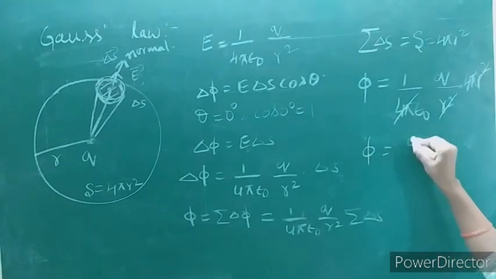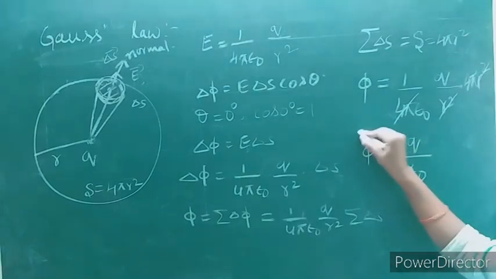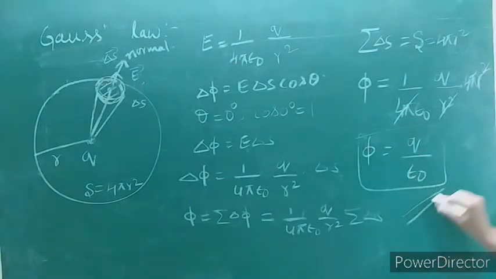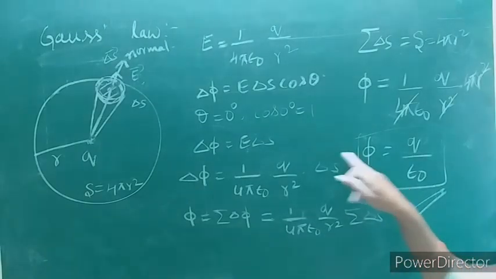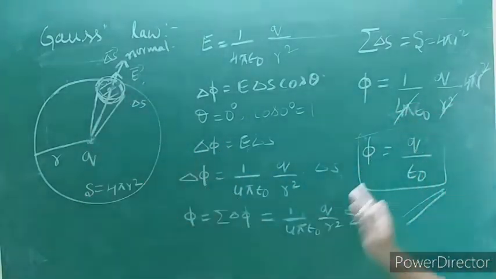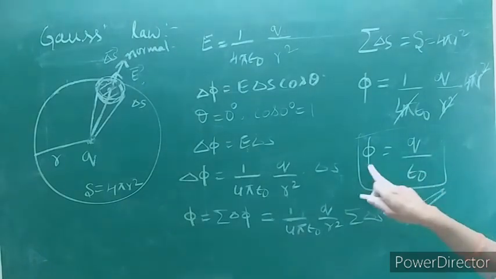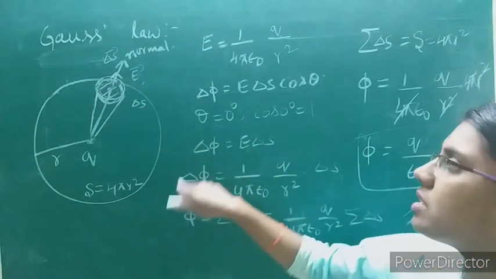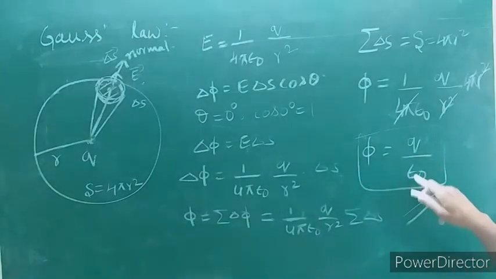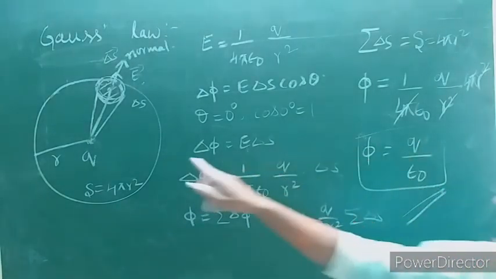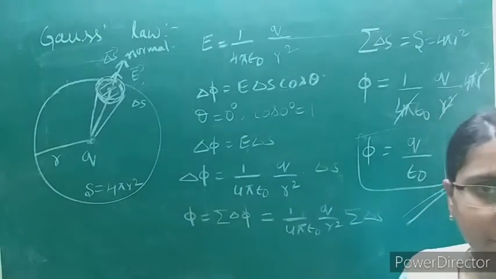Now phi is equal to Q by epsilon naught. This is nothing but the Gauss law, that is, the total flux passing through any closed surface is always equal to Q by epsilon naught. Or in another way, the total flux passing through any closed surface is equal to 1 by epsilon naught times the net charge enclosed by that surface.